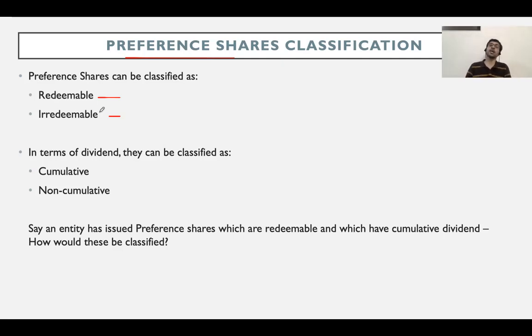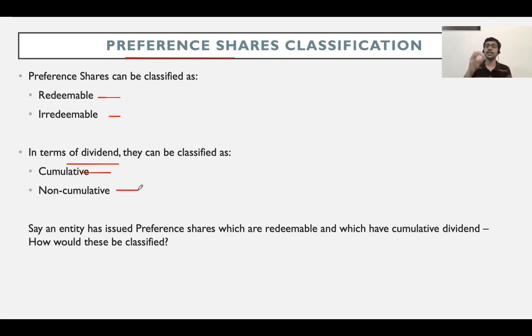Another way to classify preference shares is in terms of dividend. There is something called cumulative and something called non-cumulative preference dividend. What does cumulative preference dividend mean? Cumulative preference shares are those where the entity is mandated to pay dividend to the preference shareholders.